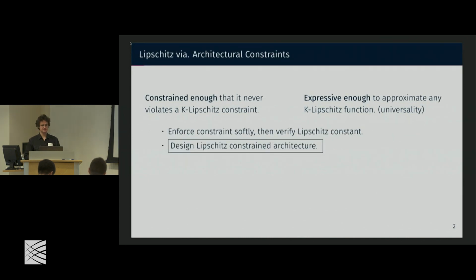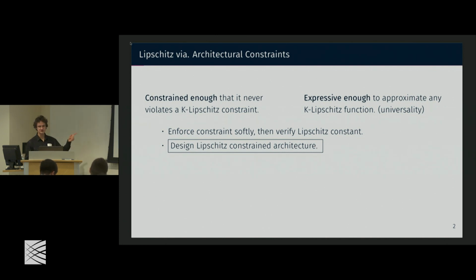There are pretty much two ways we could go about doing this. We could either try to enforce the constraint softly, maybe via some regularization term in the loss, and then after training, verify the Lipschitz constant, or we could come up with a Lipschitz-constrained architecture, which will always obey the k-Lipschitz constraint.